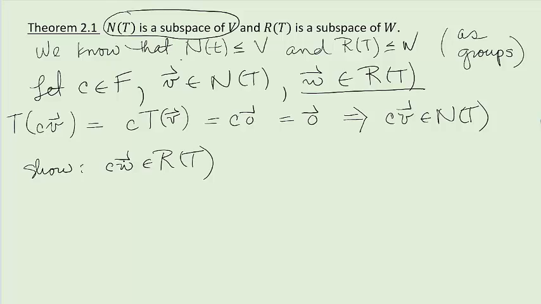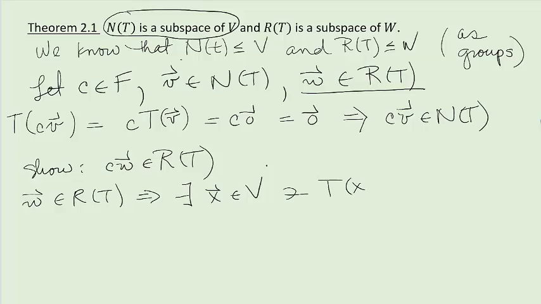So to show it's in the range, we have to show that CW is the image of some vector in V. Well, W is in the range of T, which implies that there exists an X in V such that T of X is equal to W. Well, let's see what T of CX is.